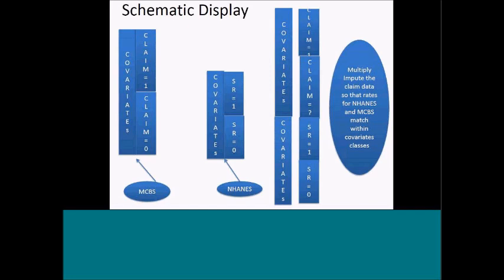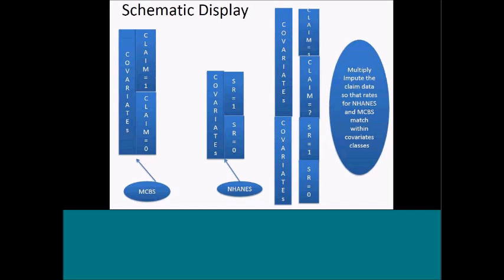So the whole idea now is to treat this as a missing data problem, and then impute those missing values. And one thing that we are doing is that after imputation, we call it the calibrated claim. After imputation, the calibrated claim should match up with the self-report.